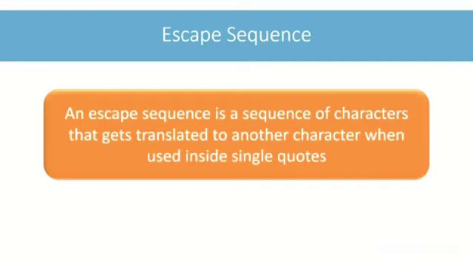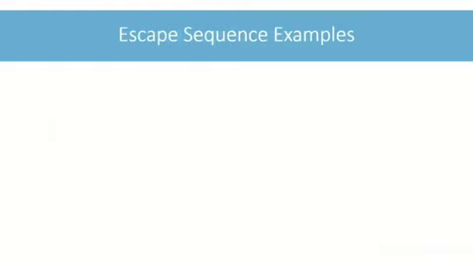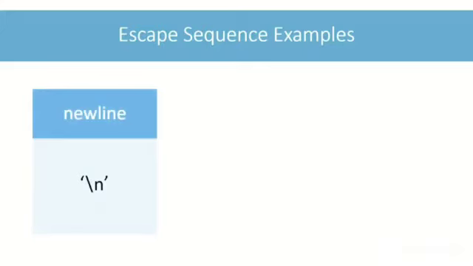The backslash along with the characters are enclosed within a pair of single quotes like regular character literals. The escape sequence for Newline is written like this. It starts with a backslash followed by letter n in lowercase and is enclosed in single quotes.